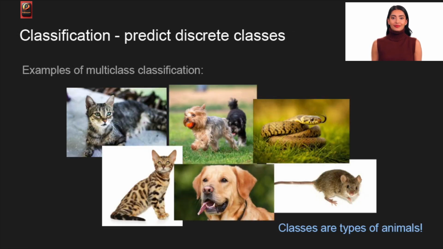Another example might be a bunch of different images of cats, dogs, fish, all different types of pets. And I want my model to be able to look at these images and tell me which class it fits under. So, is it a cat, dog, fish, hamster? I don't know. What that means is there are many different types of classes, and we're trying to figure out which one it belongs to.